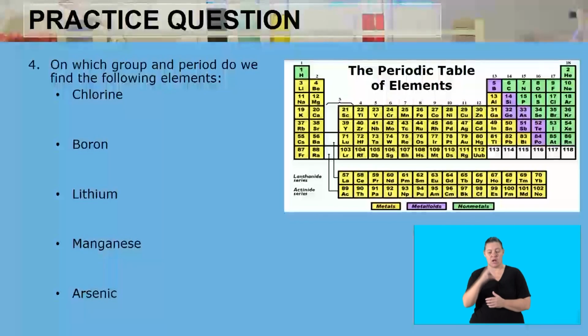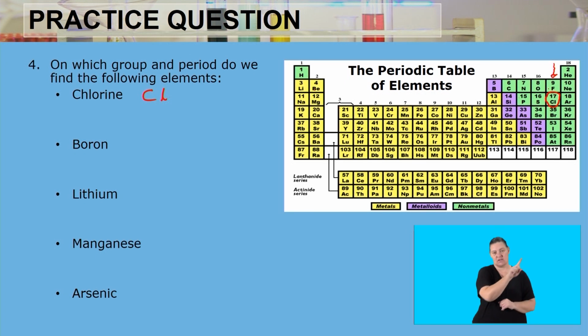So chlorine. We know that chlorine is Cl. So we need to identify where we find Cl. We know that Cl is here, atomic number 17. And we know that it's in group 17 because of the labeling there, or we can also count 1, 2, 3, 4, 5, 6, 7, 8, 9, 10, 11, 12, 13, 14, 15, 16, 17.